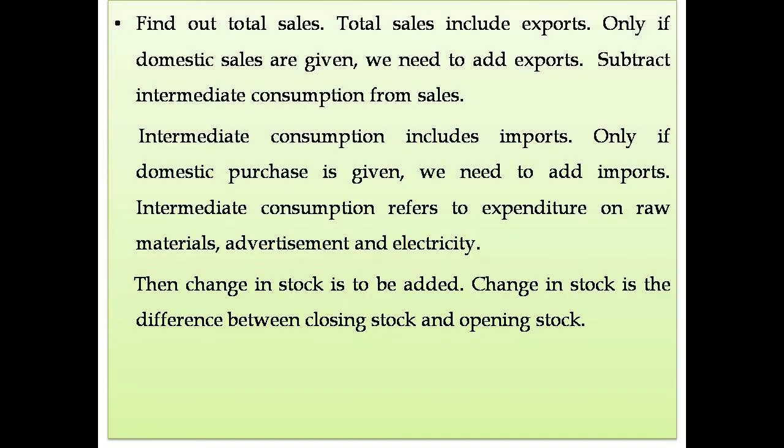First, we need to find out total sales. Total sales includes exports also. So if sales is given in the problem and exports is also given in the problem, no need to consider exports. On the other hand, if they give domestic sale, we need to add export to it to get total sale.